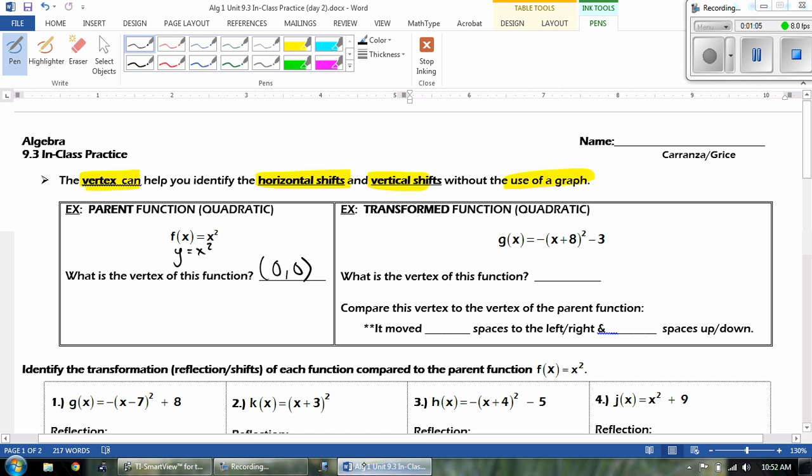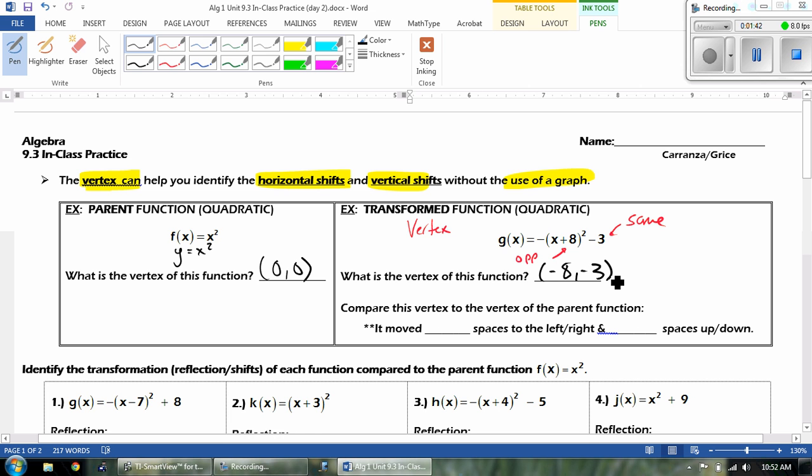Good. Now, a transformed function in quadratic form, what's the vertex of this one? Well, what form is this in? Yeah, okay, this is in vertex form, and remember we take the opposite, and this number stays the same, okay? So the vertex is -8, -3.